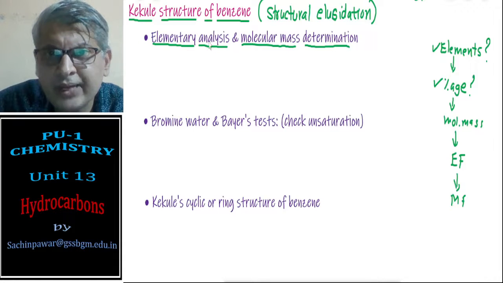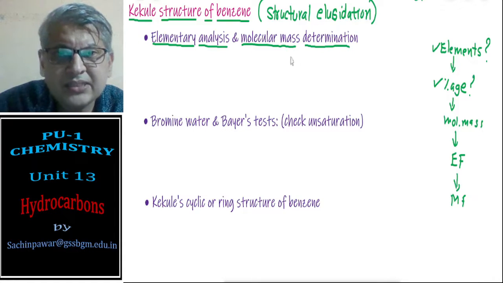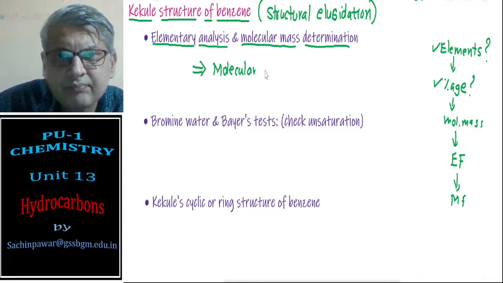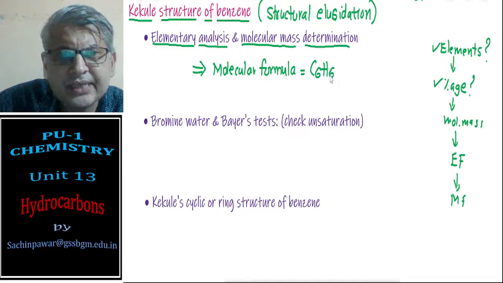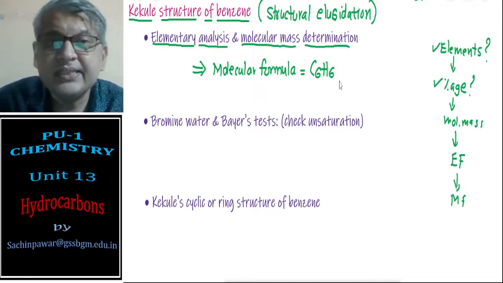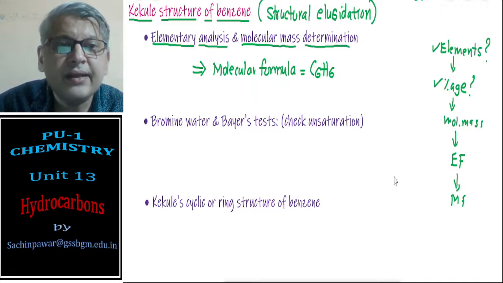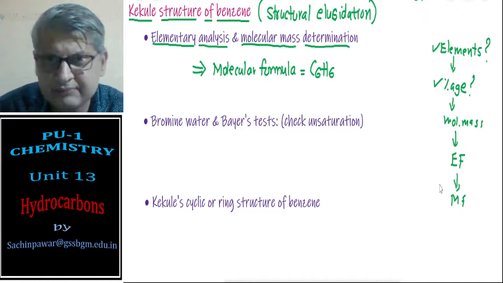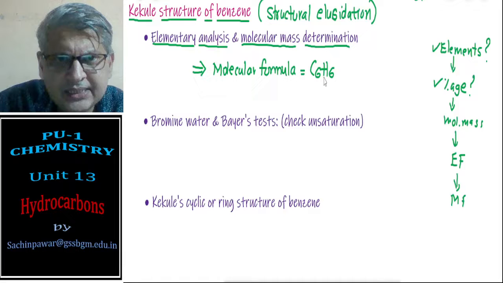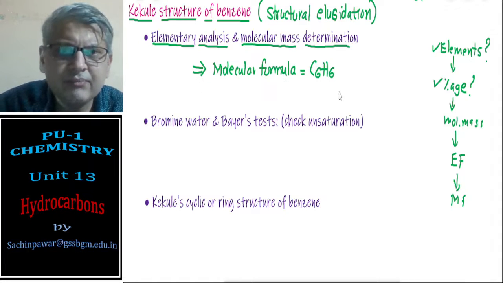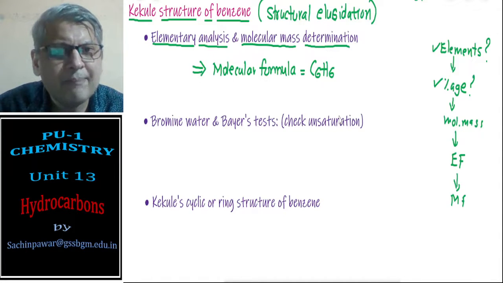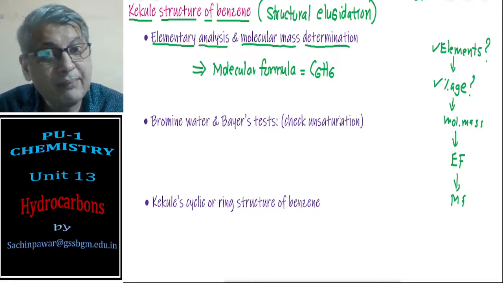Here, based on elementary analysis and molecular mass determination, the molecular formula of benzene came out as C6H6. That is, it consists of 6 carbon atoms and 6 hydrogen atoms. Now when you say C6H6, immediately a picture comes to mind that it is a compound of only carbon and hydrogen, therefore it may be an alkane.